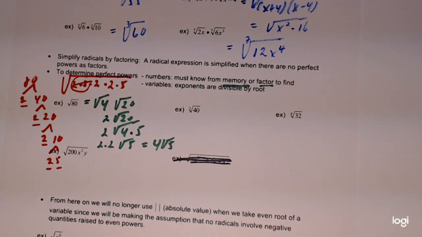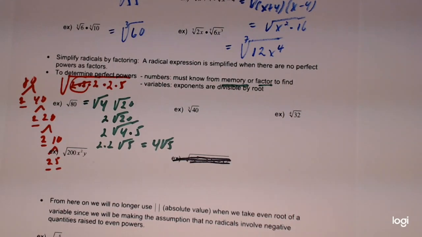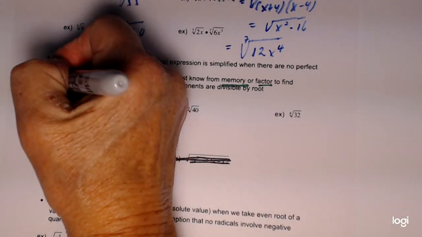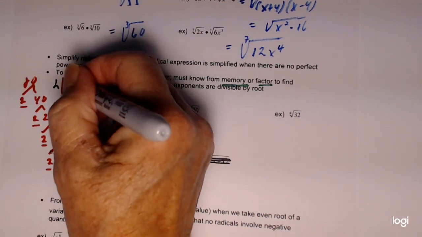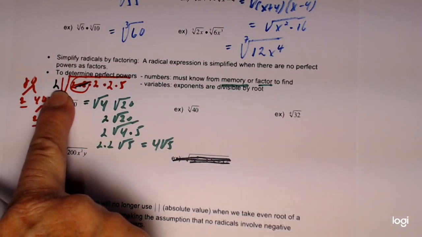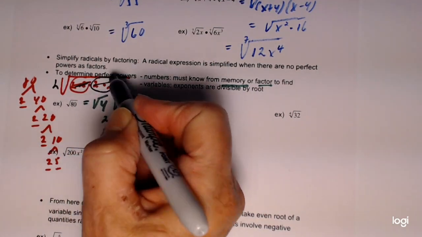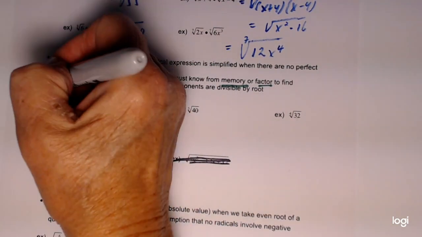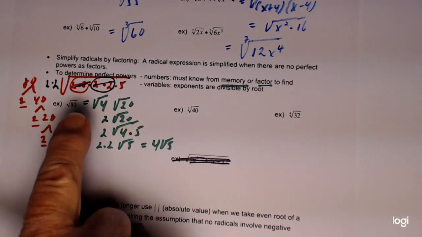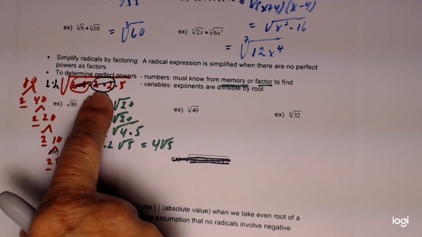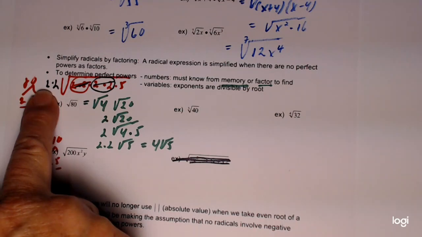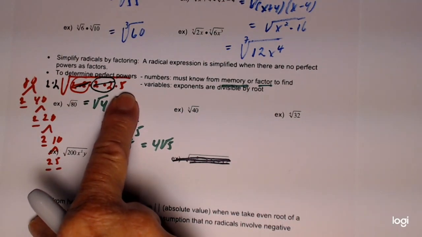And then let me go to a different color here on the outside. This would be 2. So I pulled 2 out. I'm seeing another set of 2s. Cross those out under the radical and put another 2. So notice every time I have two that I cross out, it's only one that sits on the outside. And then finally here, there's 5, but there's only one 5, so I can't do anything with it.